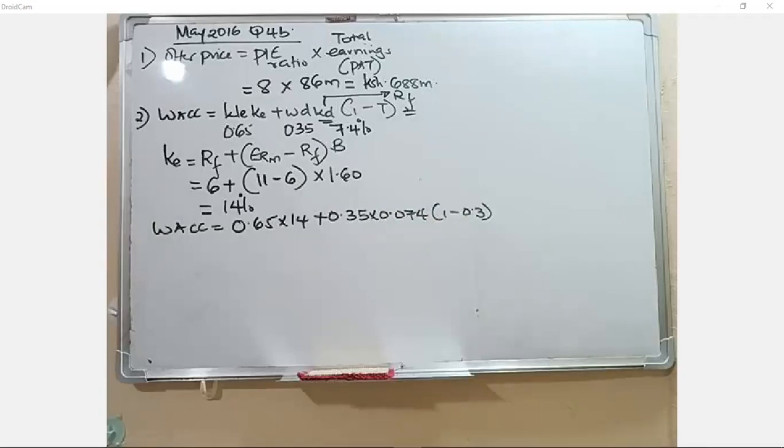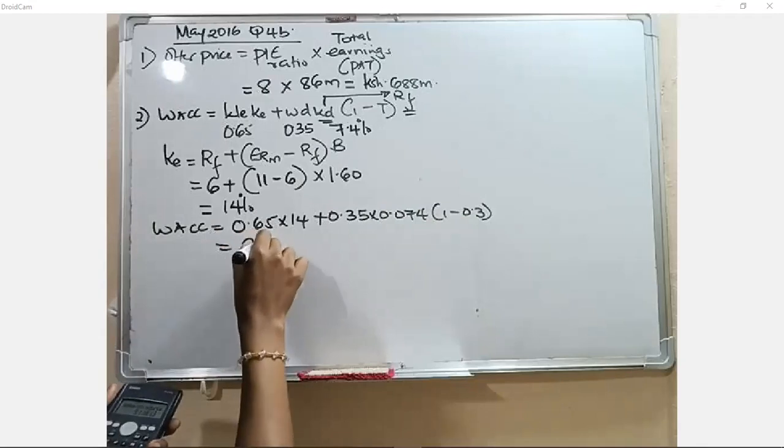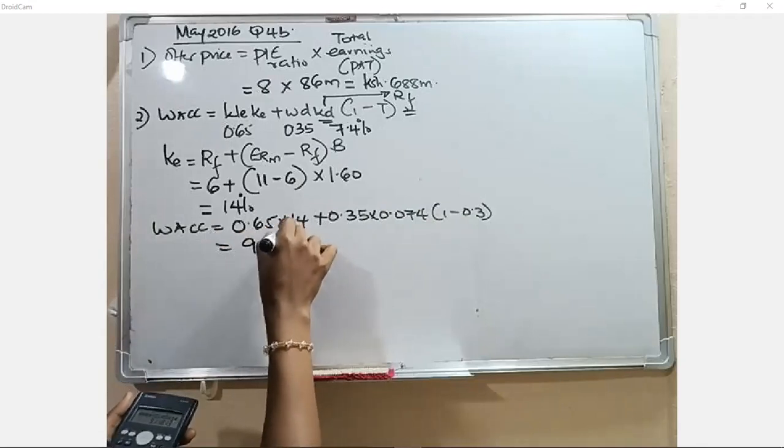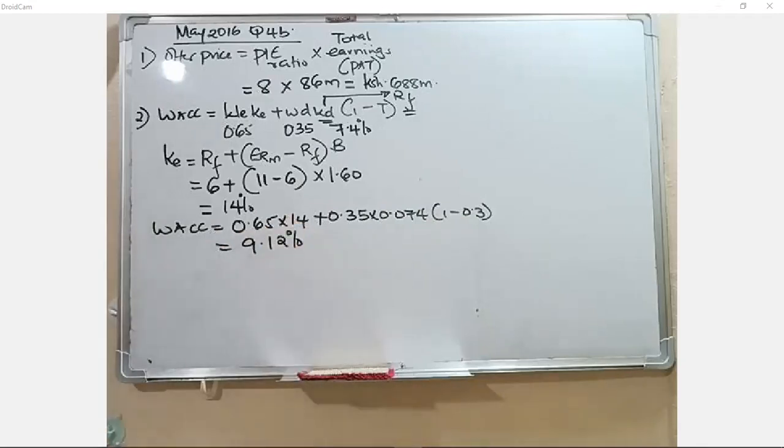I don't know why I'm not getting the same answer. 0.074 times 0.7 times 0.35 plus, I have opened my brackets, 0.65 times 14. I've closed my brackets. I'm getting 9.12%.